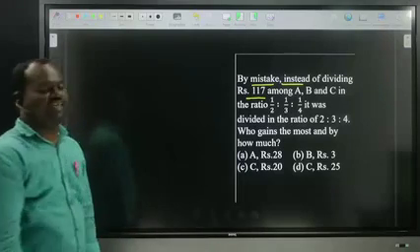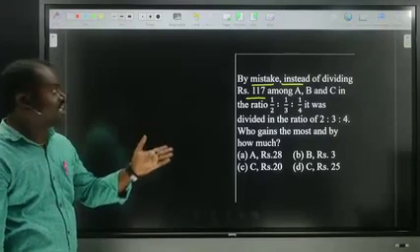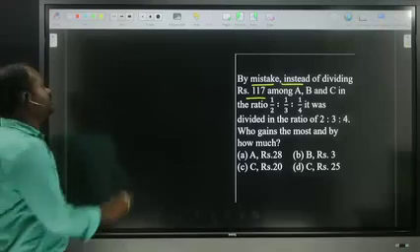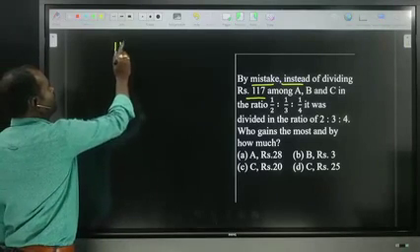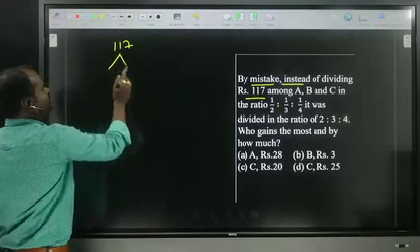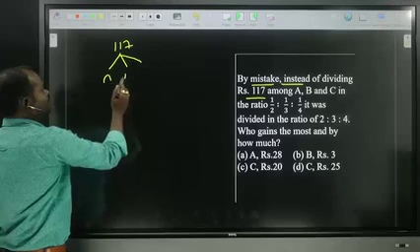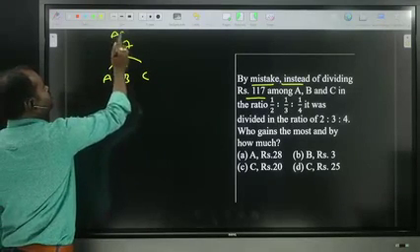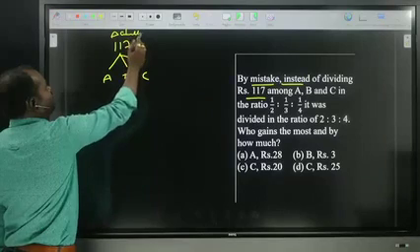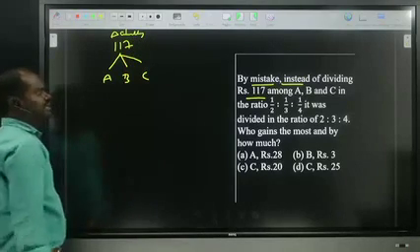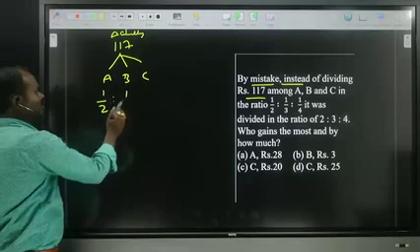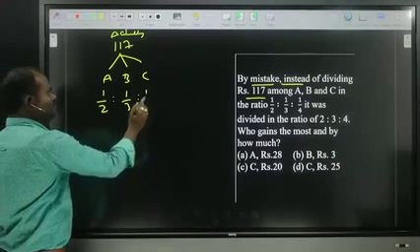By mistake, instead of dividing 117 among A, B, C, total 117 is there. This money we should divide between A, B, and C. Actually, we should divide in the ratio 1 by 2 is to 1 by 3 is to 1 by 4.